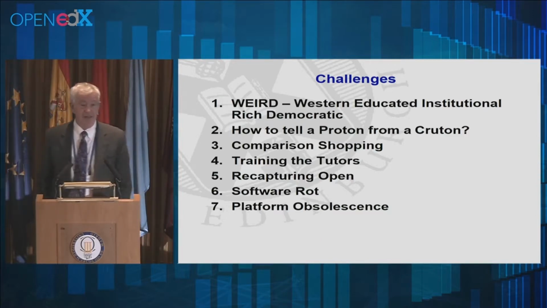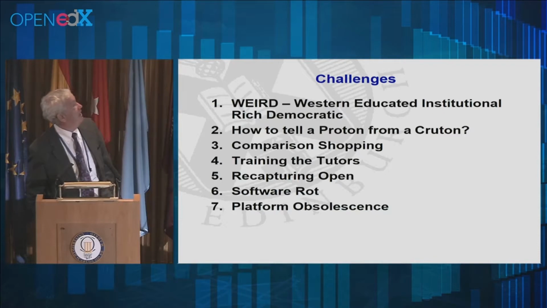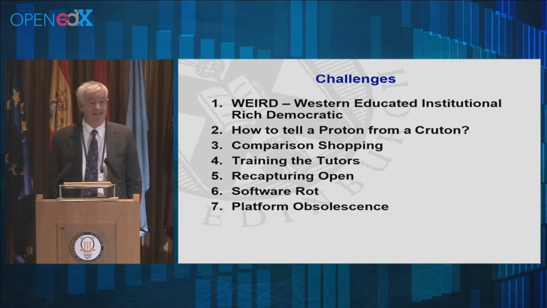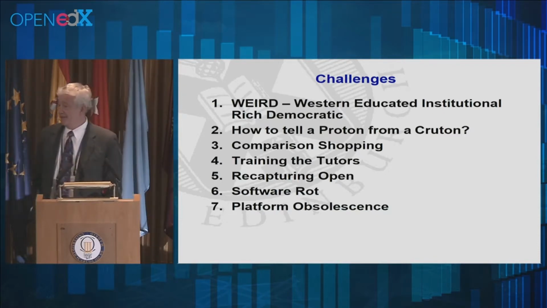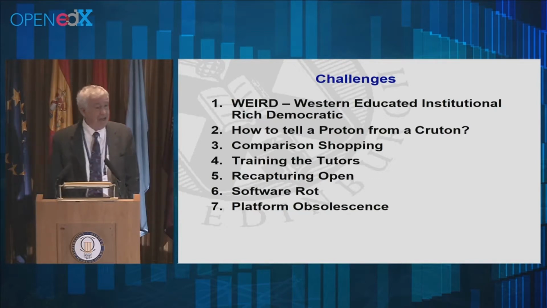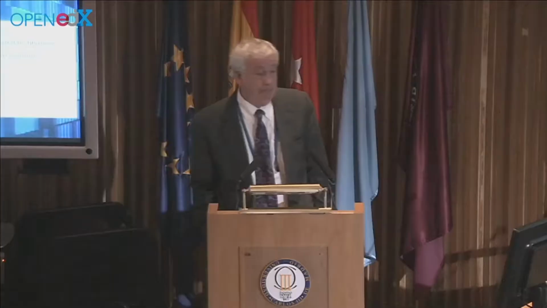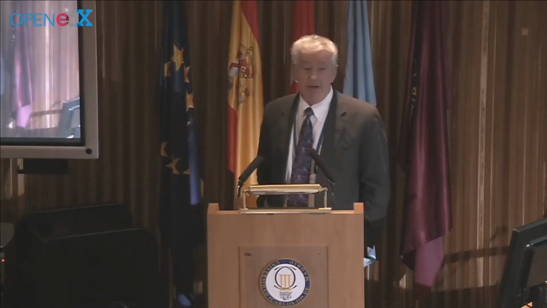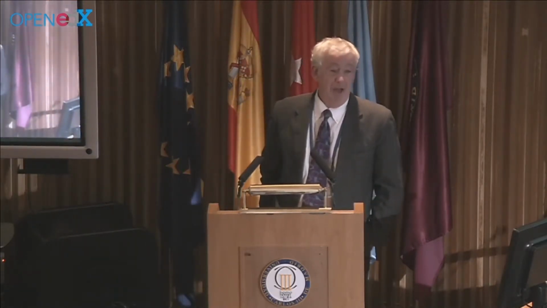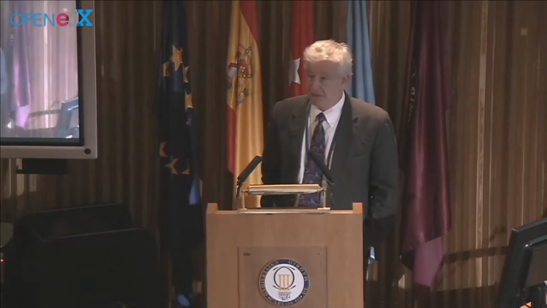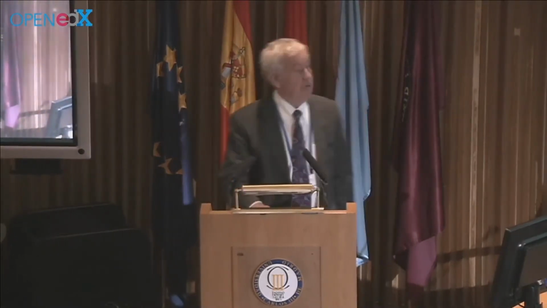That is, for somebody in the developing world, it's Western, educated, institutional, rich, democratic stuff. It doesn't look like our stuff. It's weird stuff. And there is a cultural issue. The Edinburgh way of trying to solve the cultural issue is to work in close partnership with Macquarie University, with universities in South Africa and so on.